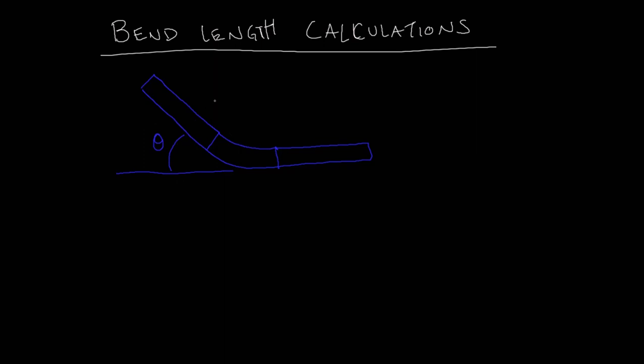For any formed piece of sheet metal, you need to state on the drawing the angle of the bend, the inside radius, and the thickness of the material.